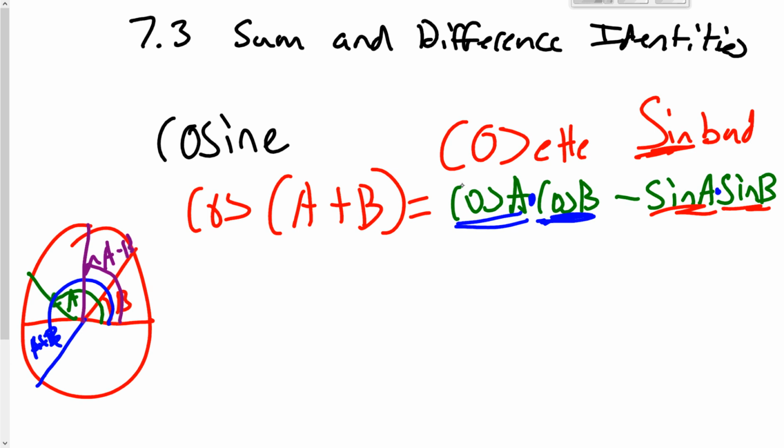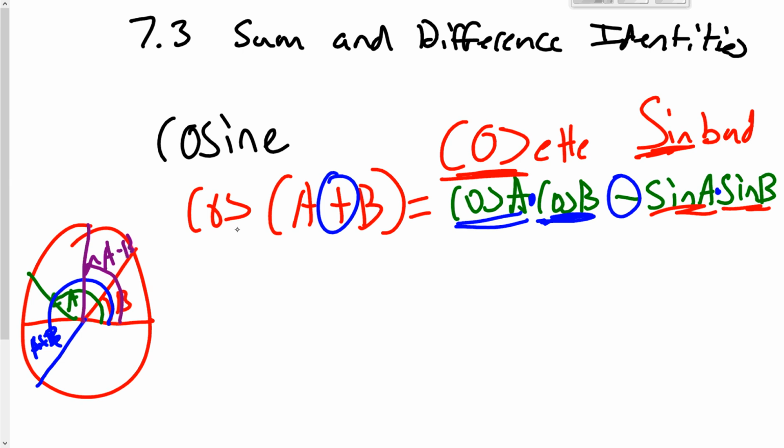Sine, Sinbad, cosine, Cosette, and that's how you can remember it. Cosette arranges the date. She hangs out with her sister because they're on a double date, but she thinks their signs are different, so they're not destined for each other. Whereas Sinbad, I'll explain that when I do sine.